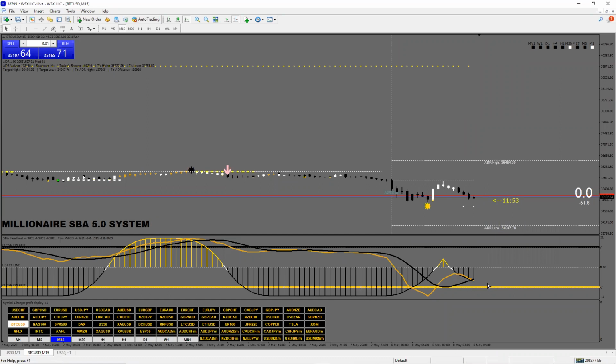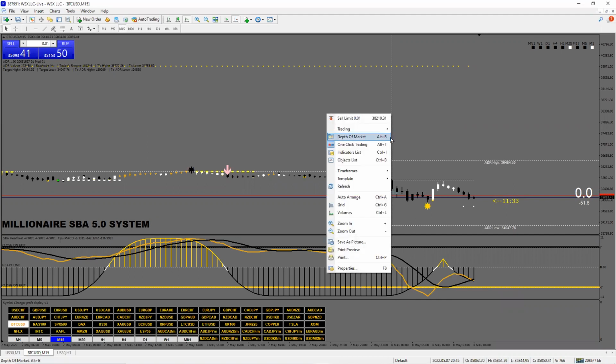The heartbeat, that's for somebody like you, I know you have some trading background because you're using terms. But this right here is your MACD, and it has two MAs giving me indications.